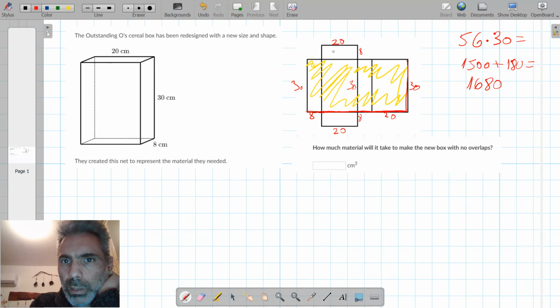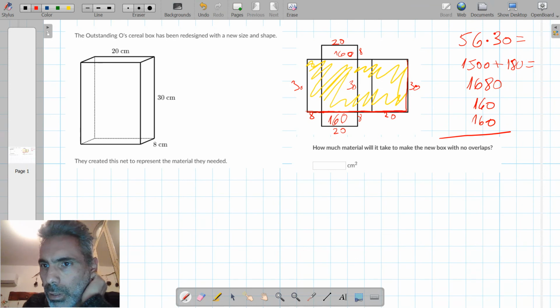Plus we need to add 20 times 8, which is 160, for each of these flaps, the bottom and the top. So plus 160 plus 160.